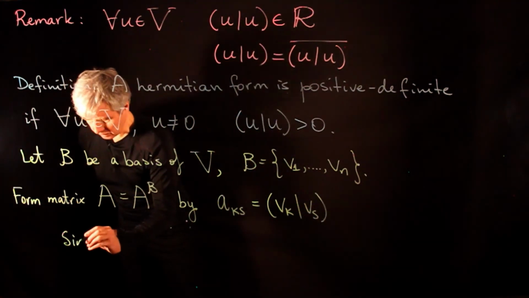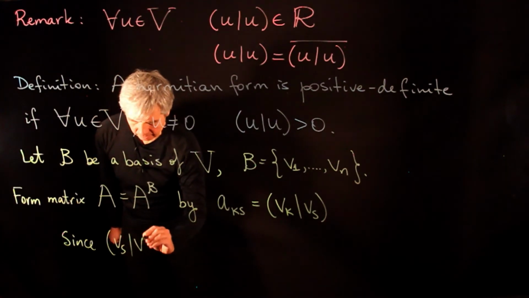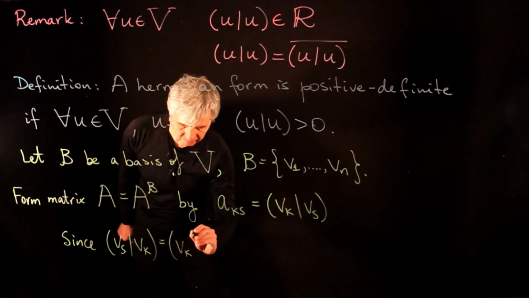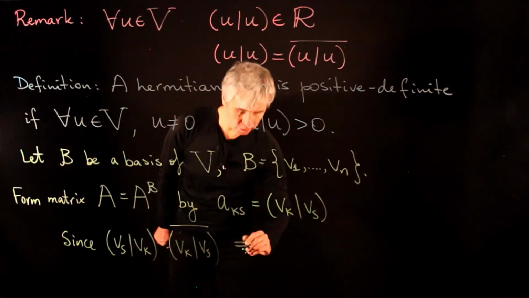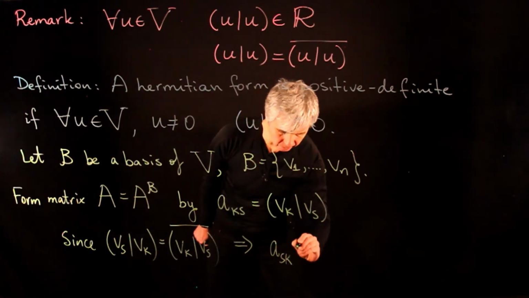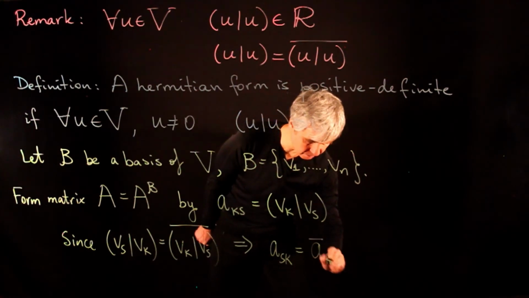Since the value of vs with vk is a complex conjugate of vk with vs, we get a relationship that a_sk is the complex conjugate of a_ks.